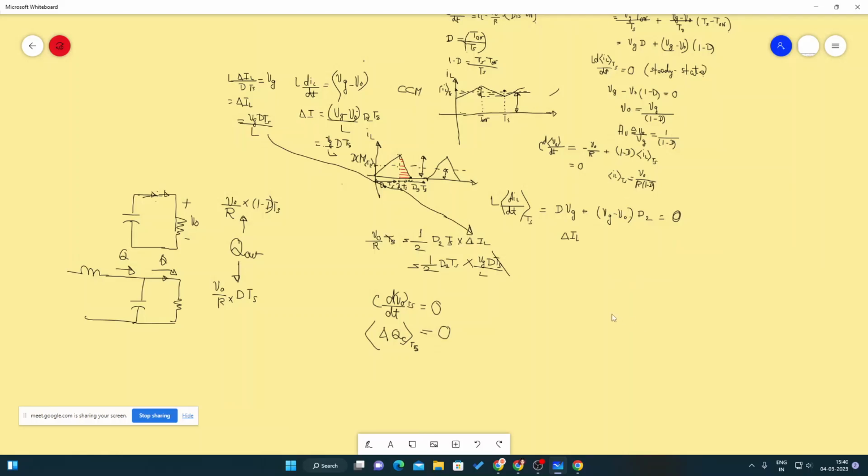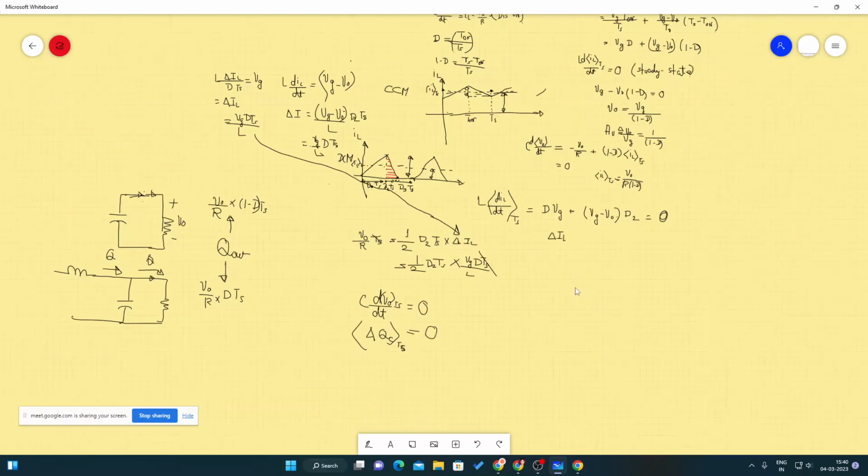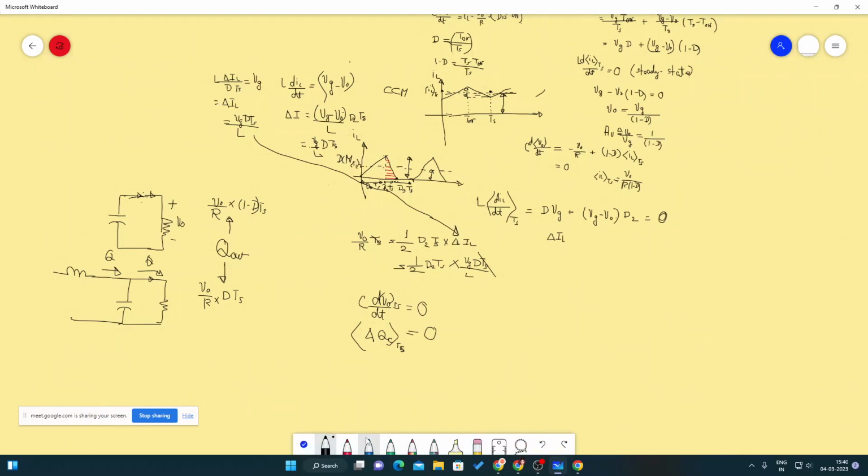Let me show you. What is the final expression? V out divided by V. Okay, sir, please wait. I will explain what the topology will be when D3 is there, then I will do the final expression also.